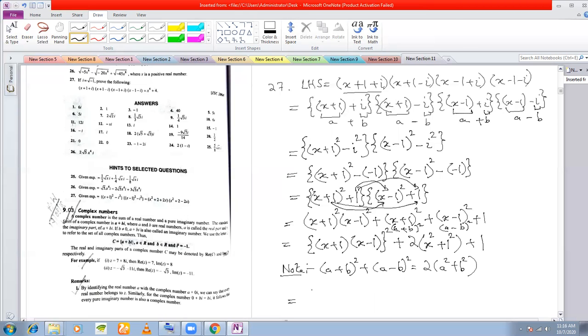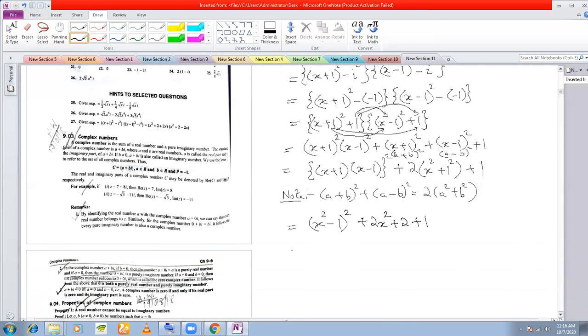So the next step will be, what are you left with here? You are left with x plus 1 into x minus 1, which will give you a square minus b square, or let me write 1 only, whole square, plus 2x square plus 2 plus 1.